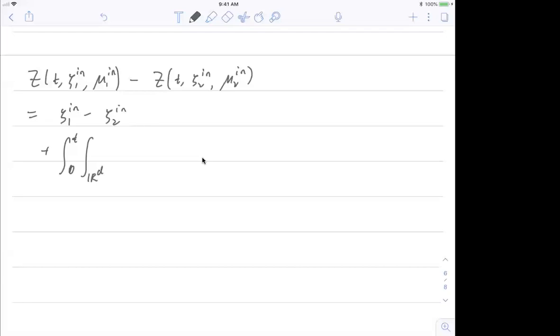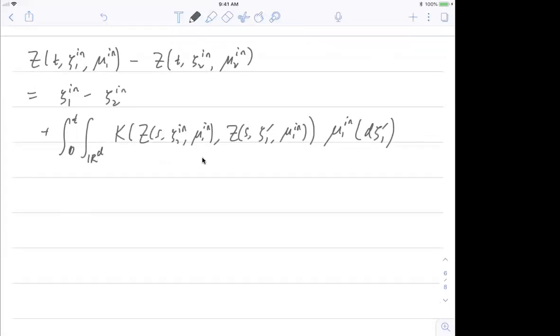here, so kappa k z s psi 1 initial, mu1 initial, z s psi 1 prime, so this is integrated with mu1 initial d psi 1 prime.